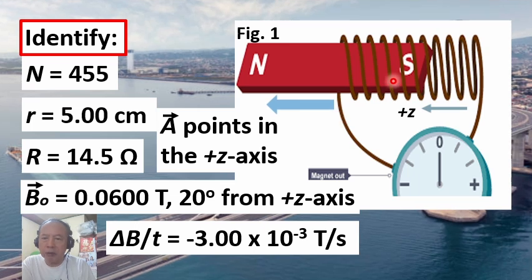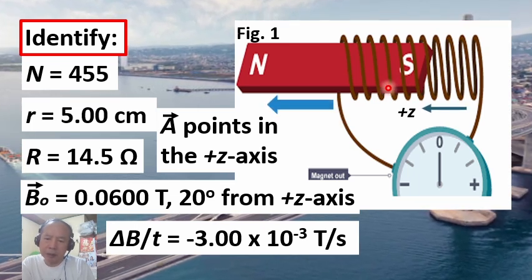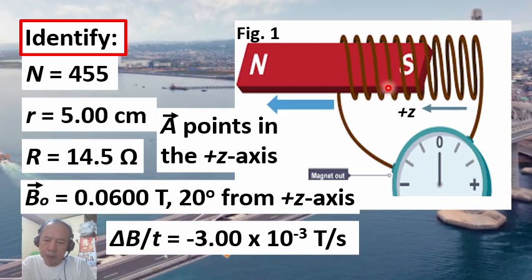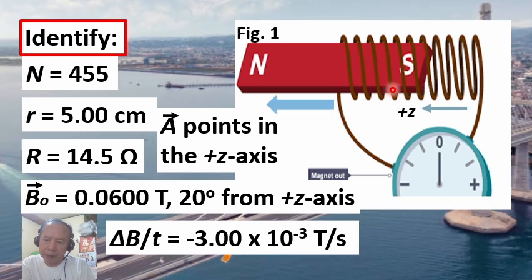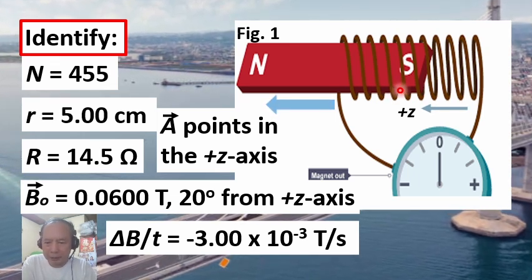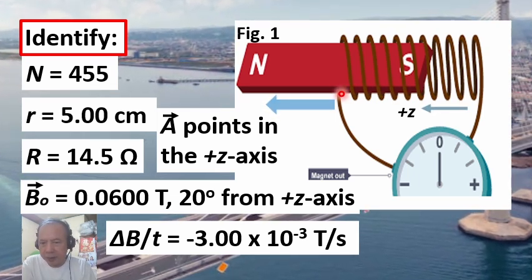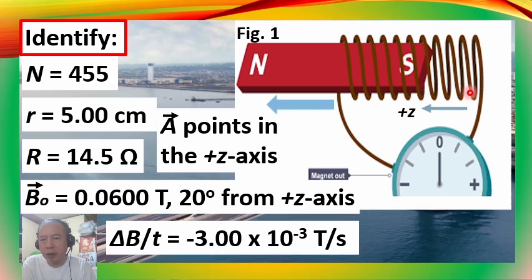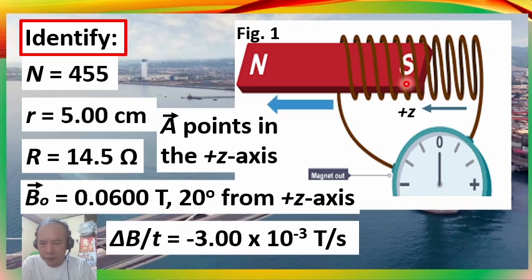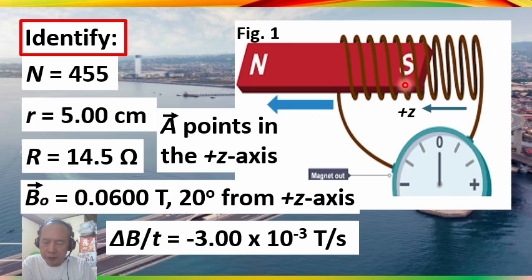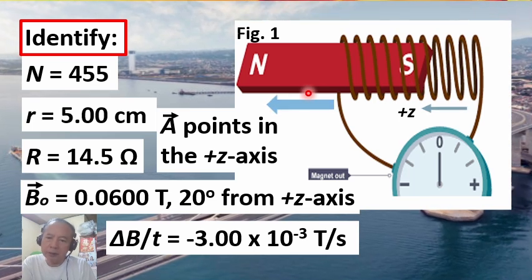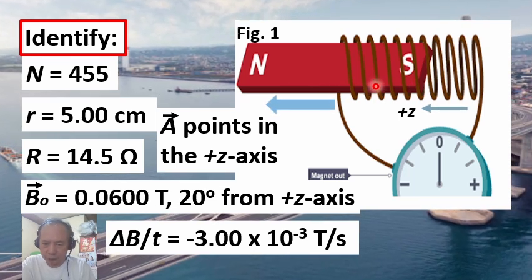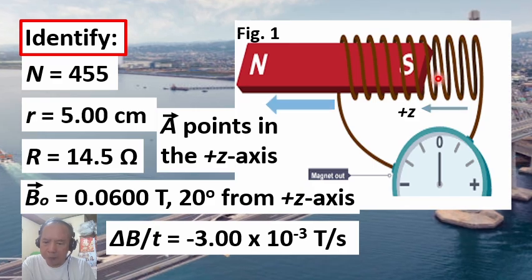Here we're only particular about the movement where the bar magnet is being moved away, or withdrawn, from the inside of the coil, in the left direction.